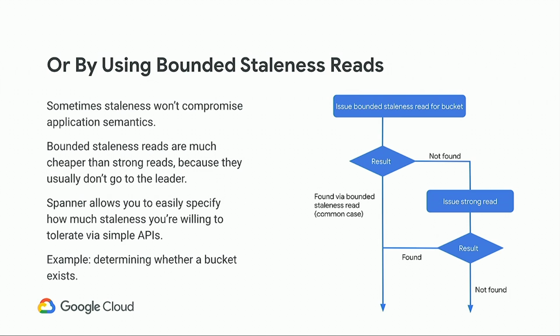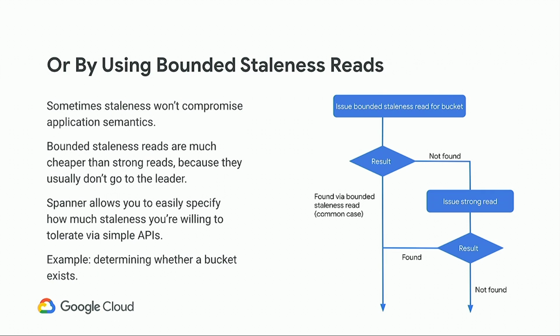But the nice thing about Spanner is that you can pick and choose when you introduce bounded staleness into your application and use it only where it won't jeopardize the kinds of high-level semantics that you want to provide in your application. So we don't use bounded staleness everywhere. We use it where it won't jeopardize the semantics that we want to provide to our user.